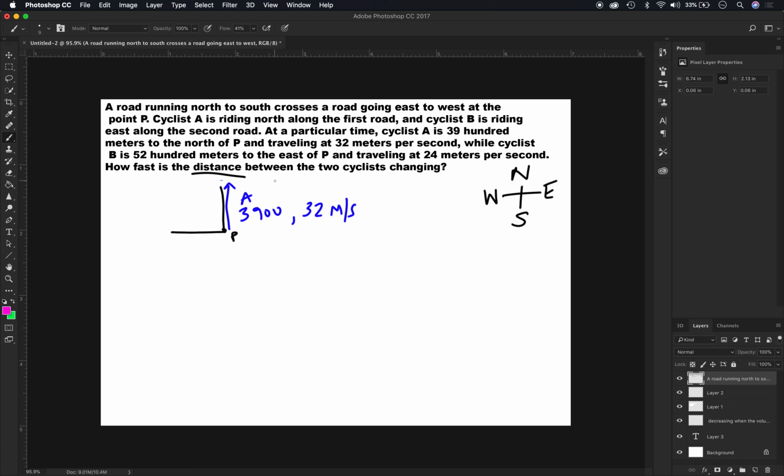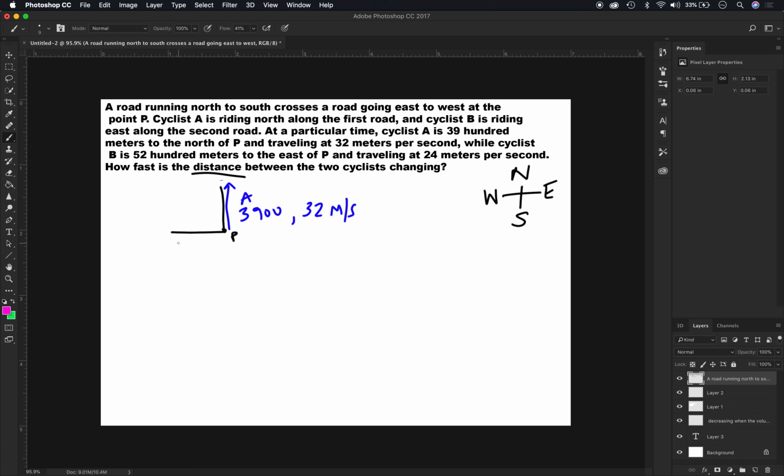Anyway, Cyclist B is 5,200 meters to the east of P. Okay, to the east? You mean to the west? Because the east would be like that. Hold up, I have to reread. Cyclist B is riding east. Okay. That doesn't make sense, but it's fine.